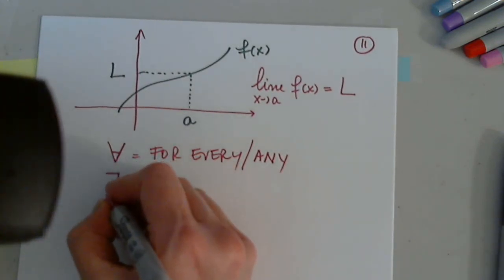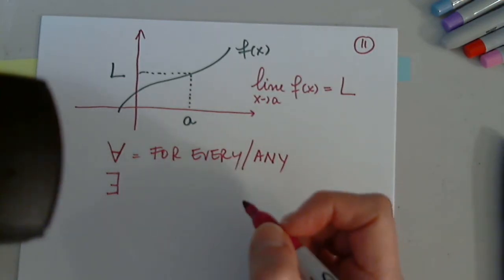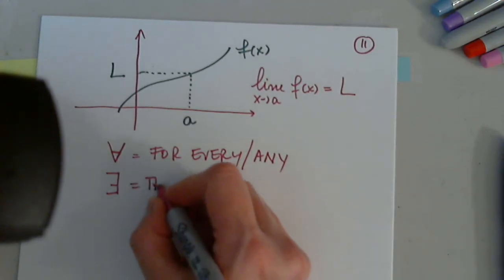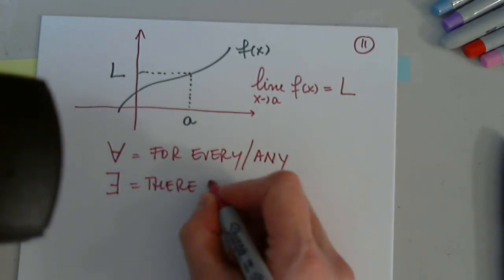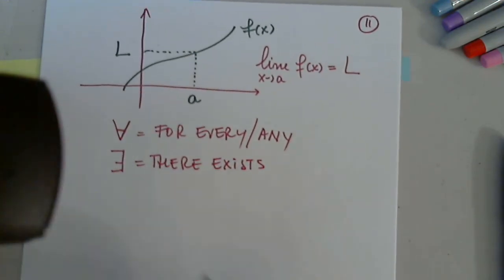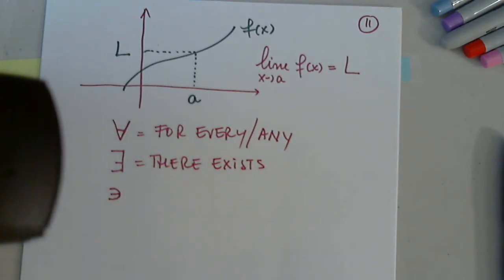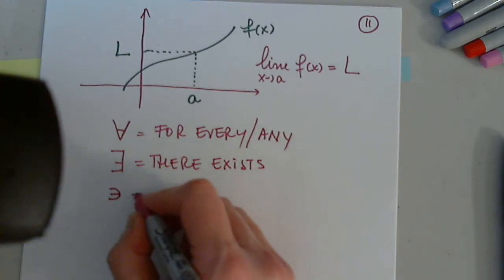This symbol, backwards uppercase E, there exists. This little E, backwards, such that.